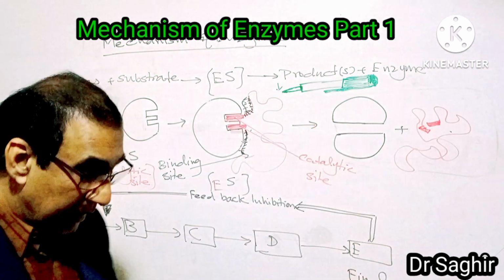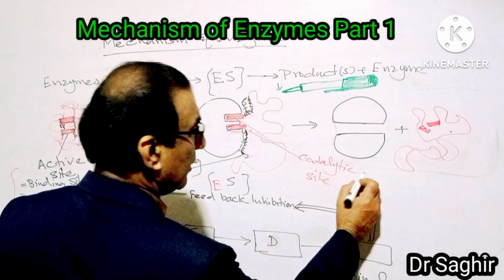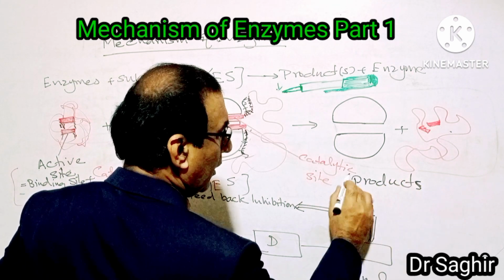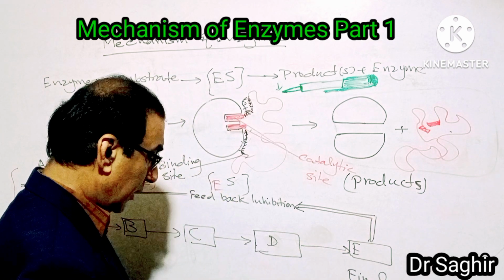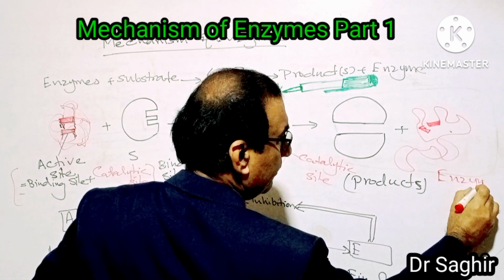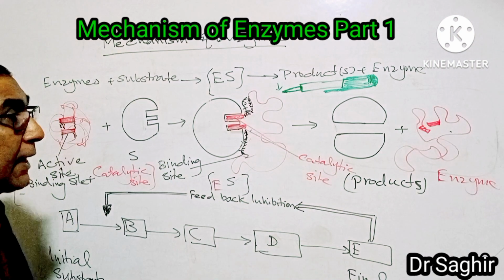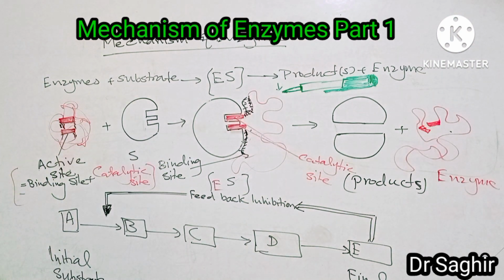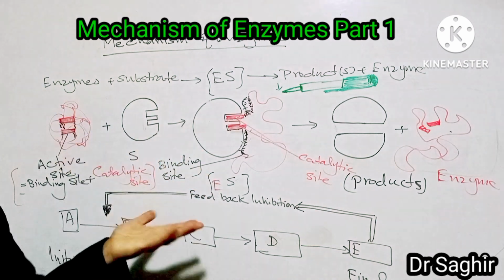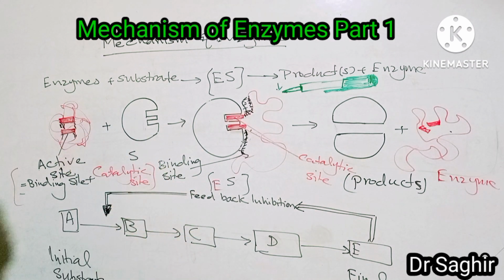The enzyme is then separated. These are the products, and this is the enzyme. This is scenario A, where the enzyme acts upon the substrate and products are formed, and that's how the story ends.